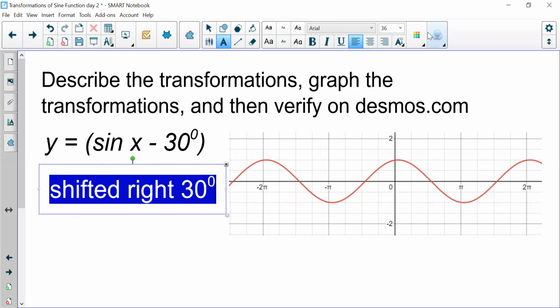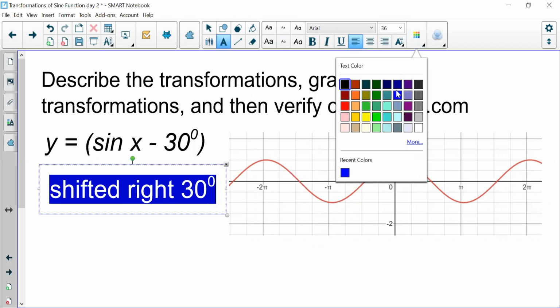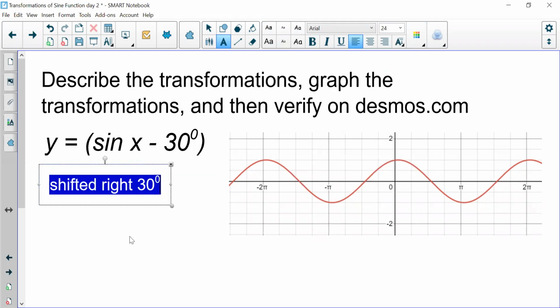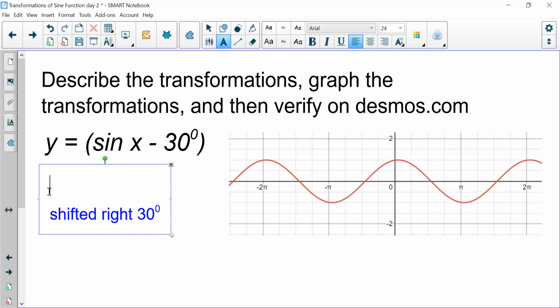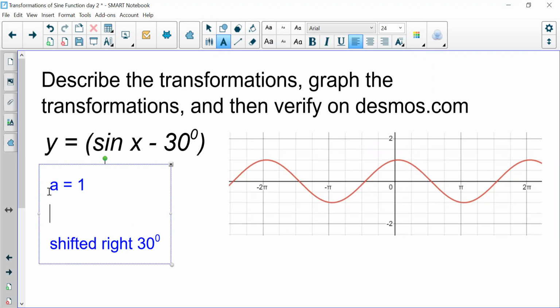Okay. Any questions on this one? Maybe actually I'm going to write in here that A is 1, just so we have A equals 1. Amplitude is 1.